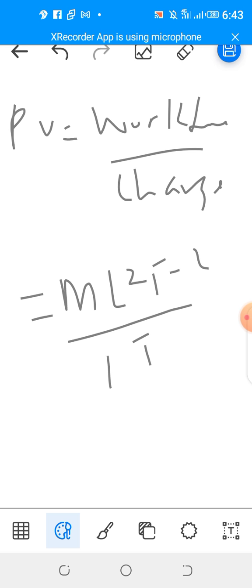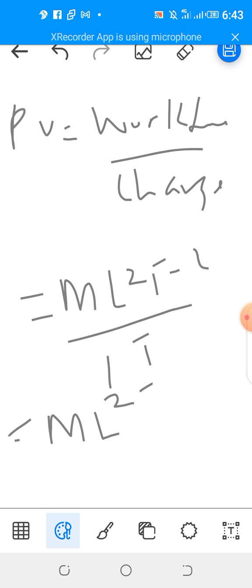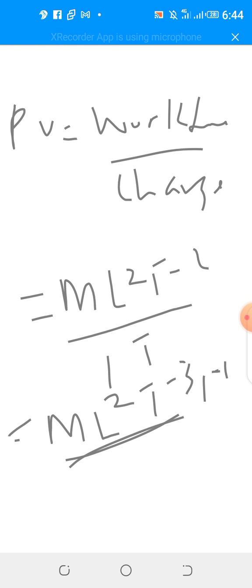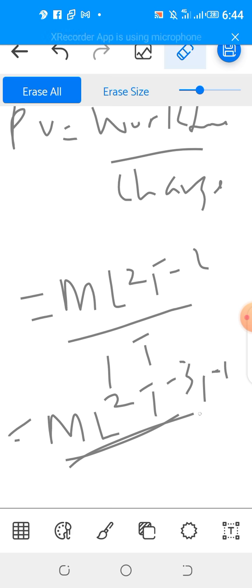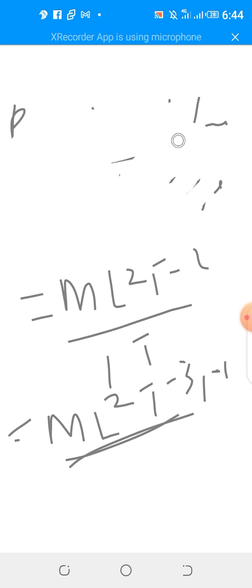Okay, so it equals to what? mL2 T minus 3 I minus 1. That's potential difference.